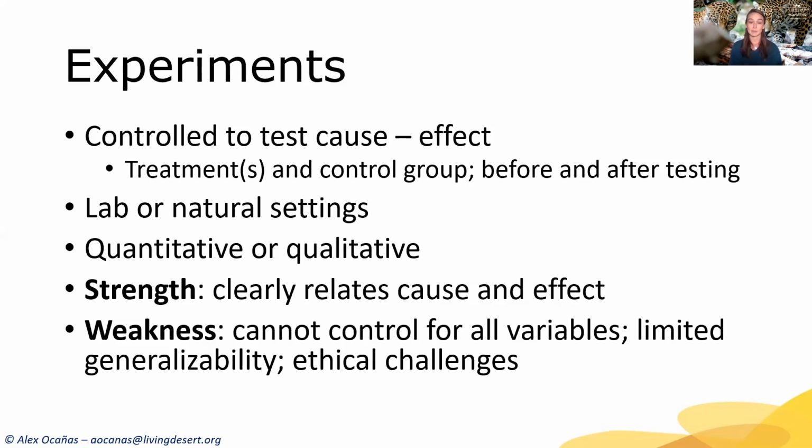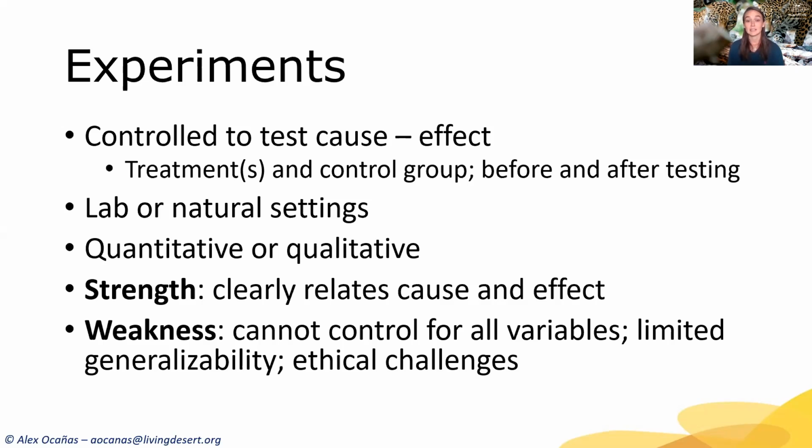So that would be a lab, or you can do a natural setting where it's just happening in real life. You don't have to bring people anywhere to participate in the experiment. Of course, with experiments too, you want to do before and after your treatment, before and after on the group that receives the treatment, and before and after on the control group. This is pretty basic scientific method, right?